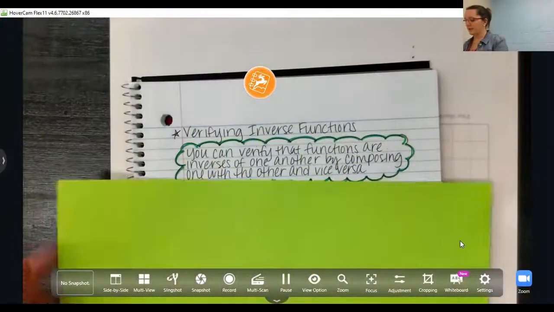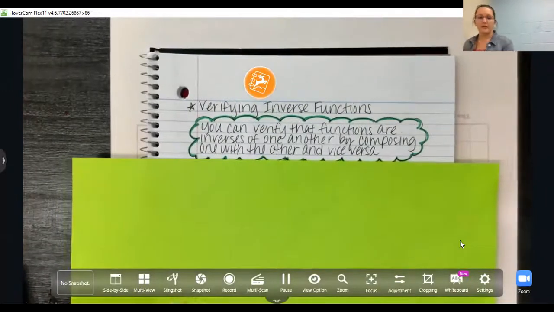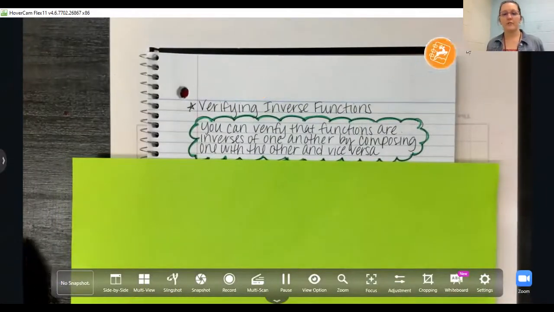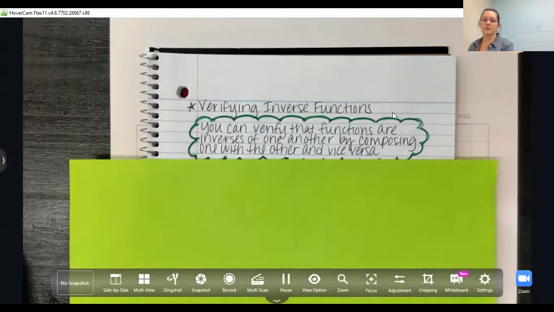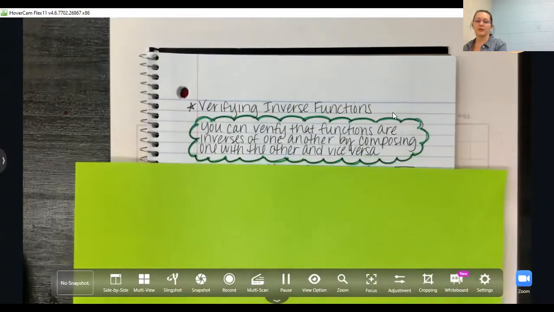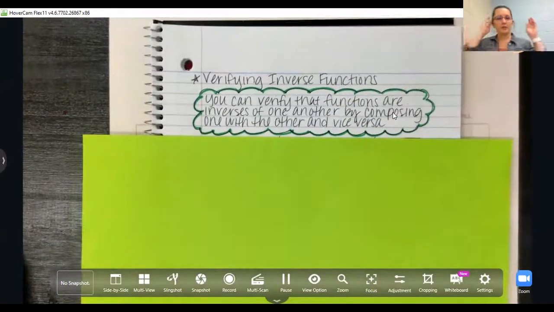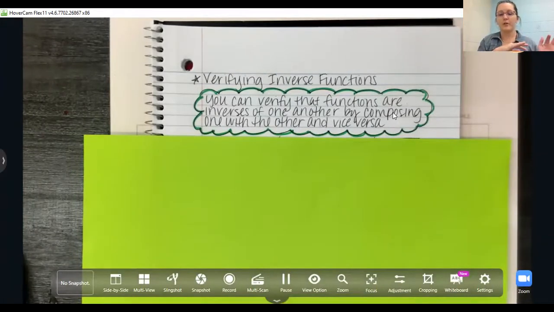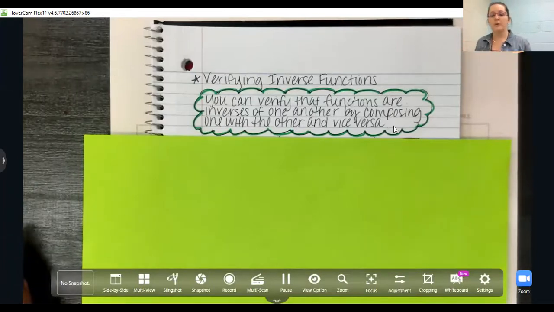You can write this note down here. Verifying inverse functions: you can verify that functions are inverses of one another by composing one with the other and vice versa. We saw on the first page that the composition of one function into the other results in x, but you have to do it both ways so they both equal x.